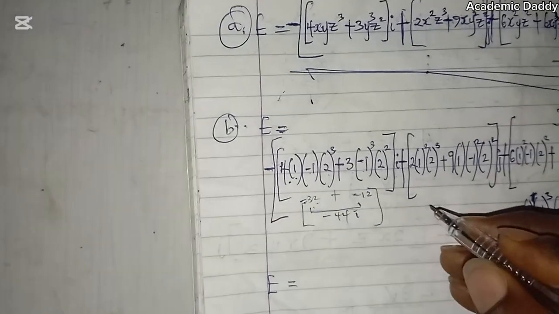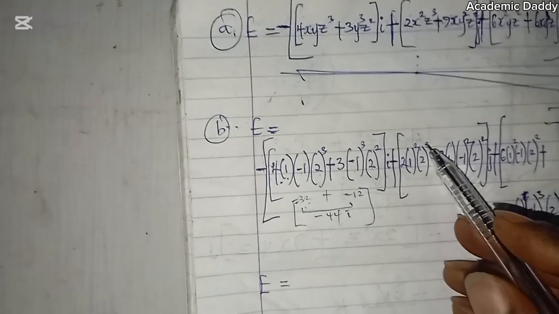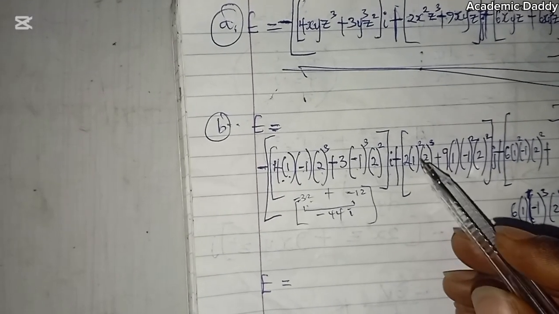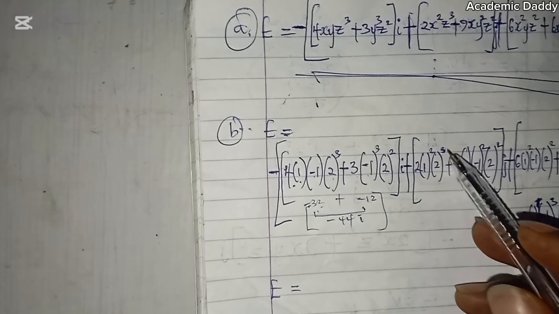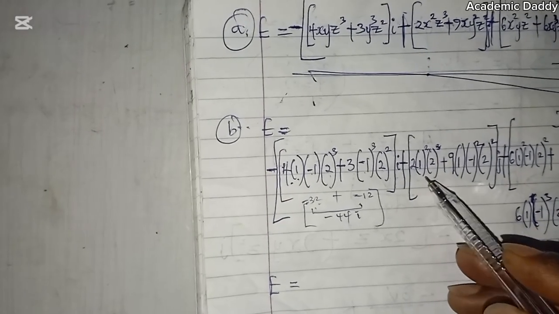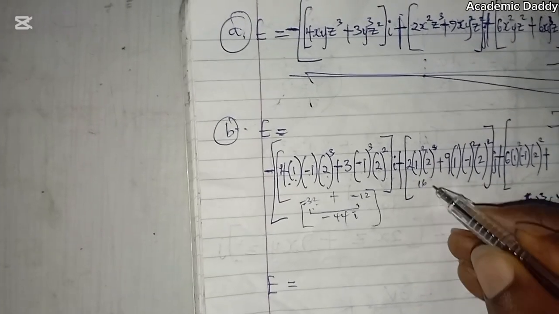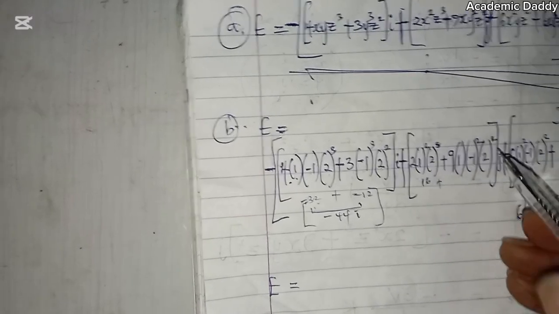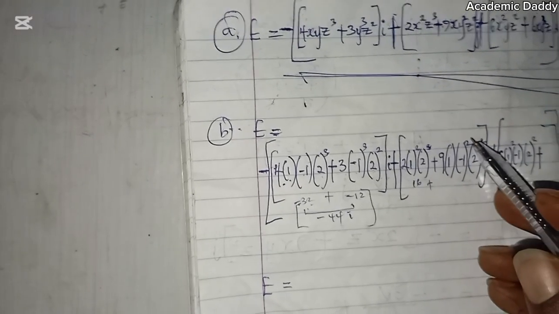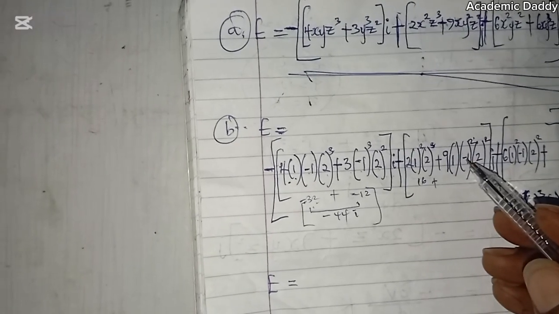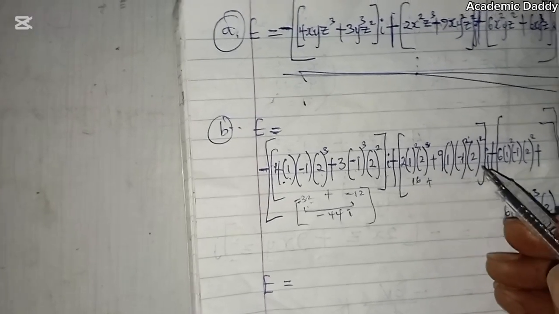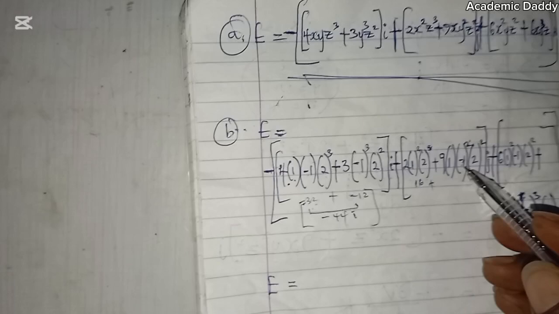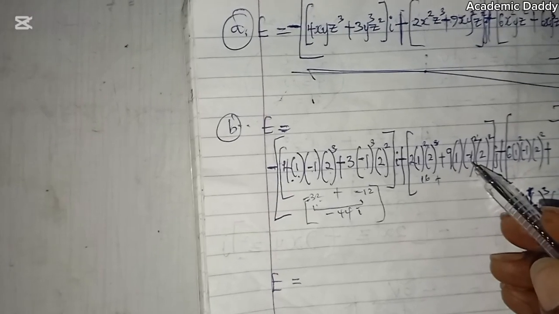So I now have 2 raised to power 3 is 8. 1 raised to power 2 is 1. 8 times 2, 16. So I have 16. Plus. Minus raised to power 2 is plus. So 1. This is positive 1. This is 4. 4 times 1, 4.